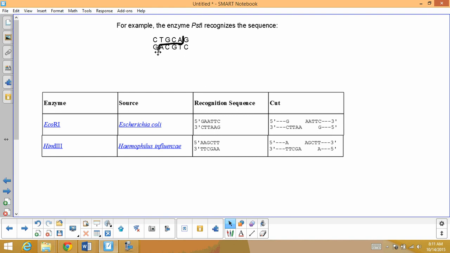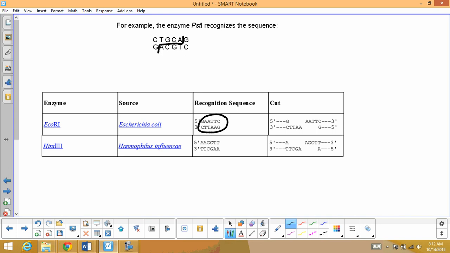First off, we have to know the sequence. What is the sequence where it starts getting cut? Well, you just got to start reading the DNA strand. And the thing is, it's only unique. And the only unique thing for E. coli or EcoRI is this segment right here.